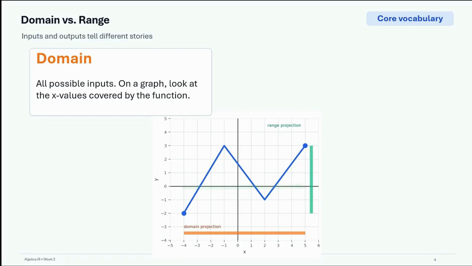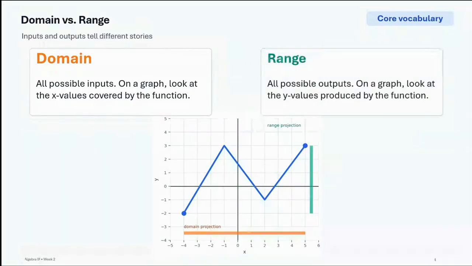And then the range, we'll look at the range. That's all the possible outputs. Like when we take -2 and put it into the equation, apparently it equals 1 point whatever that is. We can't see exactly, 1.4 maybe when x is -2. When x is -1, the y equals 3. That's the output you get.